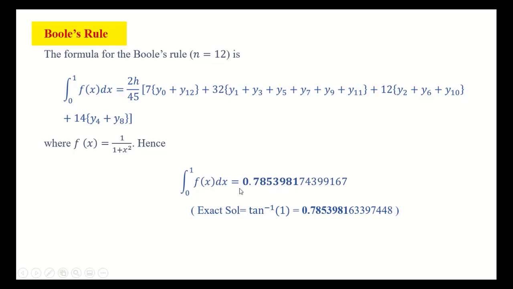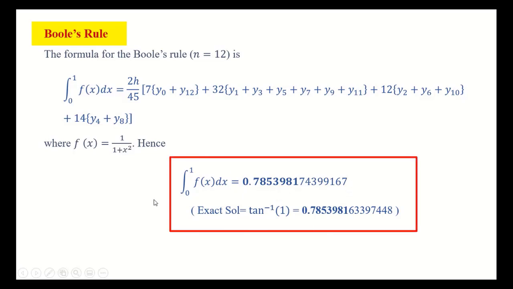After calculation we have an approximated answer that is accurate up to 7 decimal places. So here we can conclude that Weddle's rule has a good approximation, and that is accurate up to 8 decimal places.